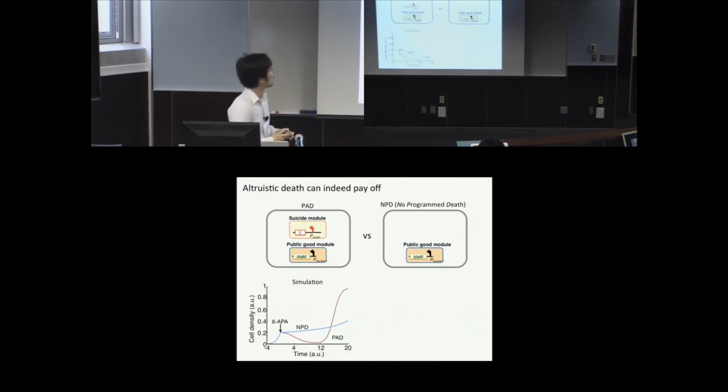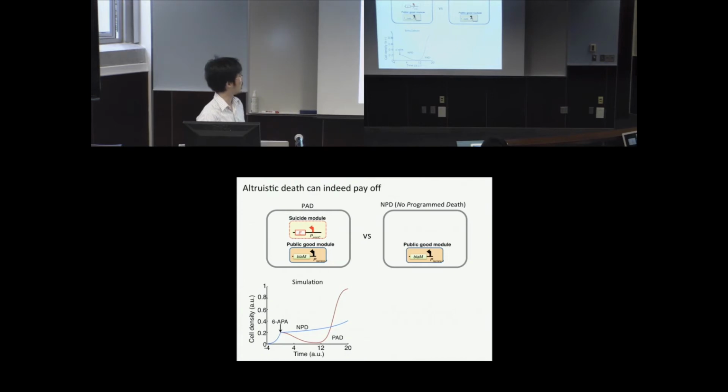I built a simple model. Both cells grow to this point, and then I add 6-APA to both media. The PAT strain exhibits drastic lysis because of the suicide module, but later it can recover very quickly because it can degrade 6-APA very efficiently.